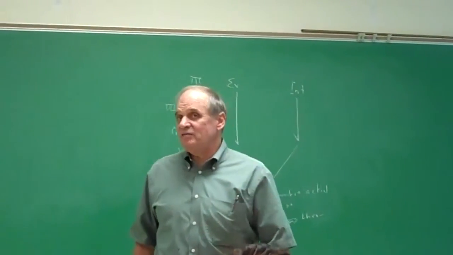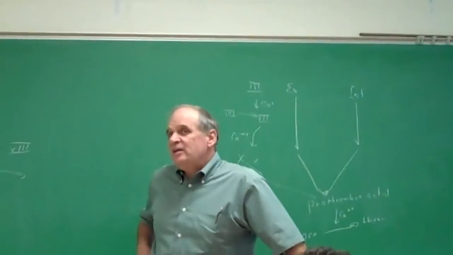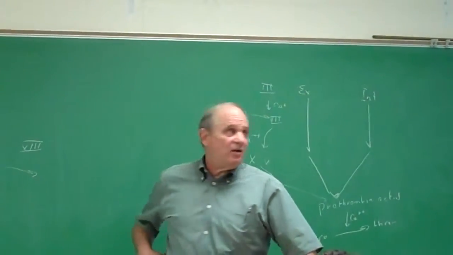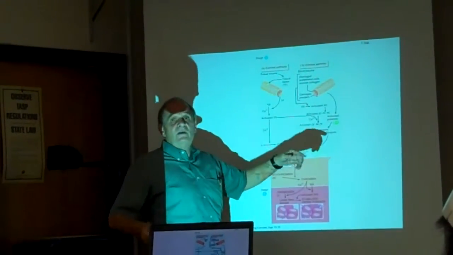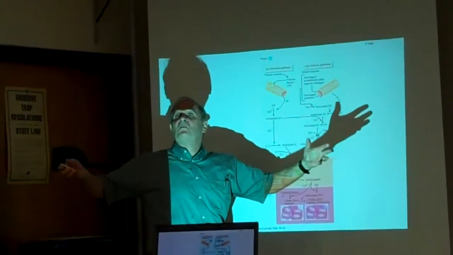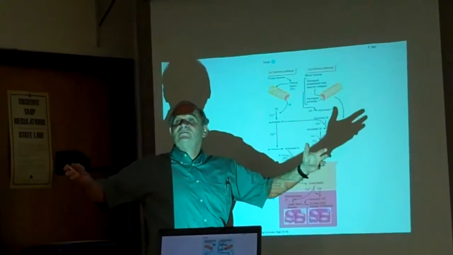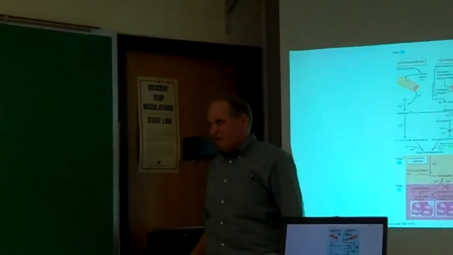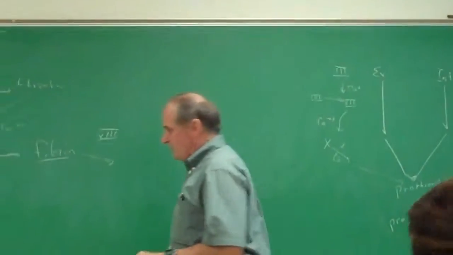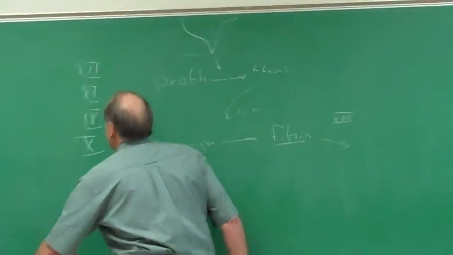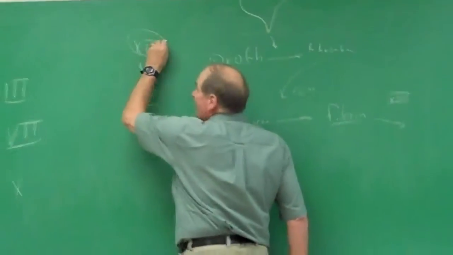Now look at number 12. Activated number 12, just by itself, activates number 11. Now, number 11, you have to really look at this one. Who activates this guy right here?